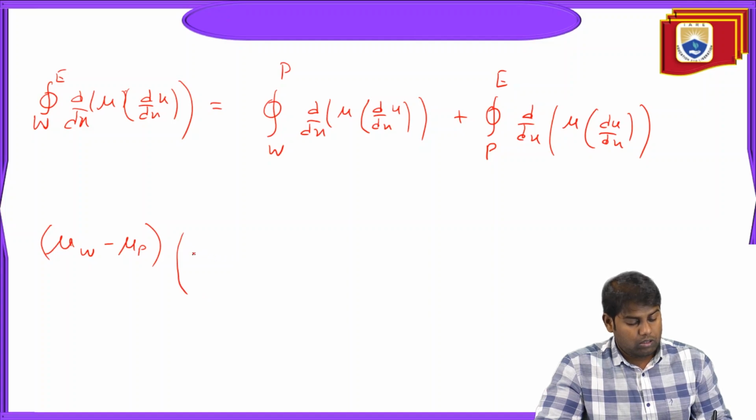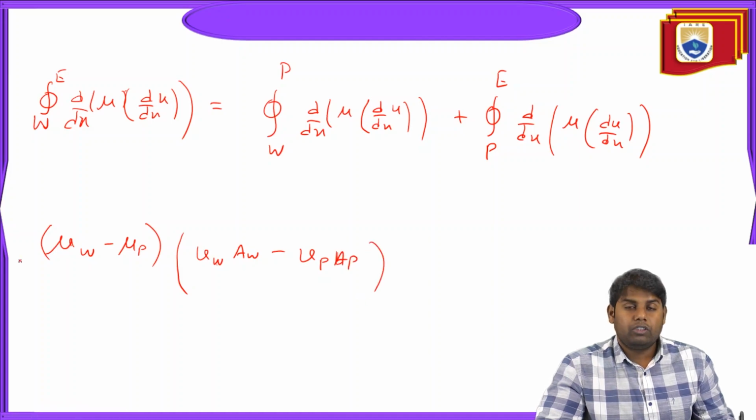So what do we have? u of w into A of w, minus u of p into A of p. That is what we have.